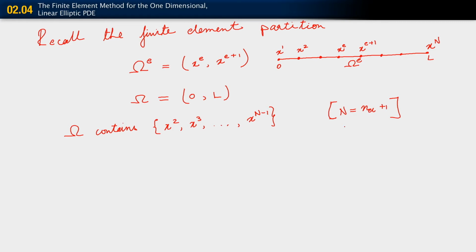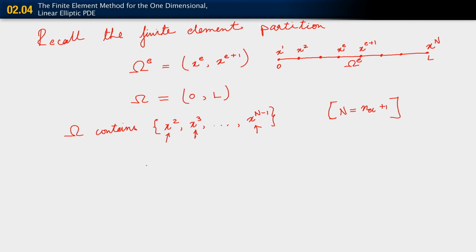Okay, so this is the important point. Omega does contain these nodal points, right? But it clearly does not contain x1 and xn. So as we can see, omega and the union of all the omega e's are closely related, but they're not quite the same.